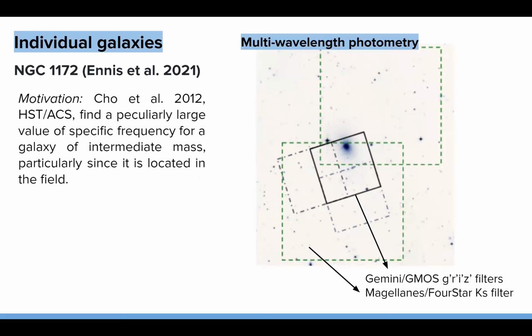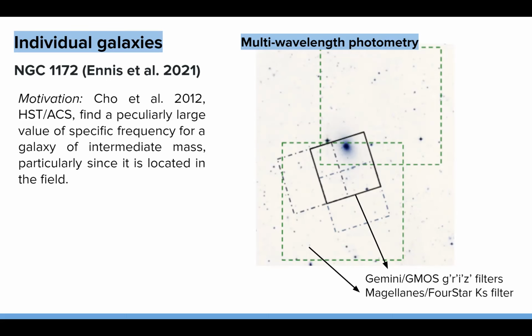And the motivation behind studying this galaxy was that there's a previous work by Cho and collaborators from 2012, where they look at a sample of galaxies. They're basically looking at isolated early type galaxies, and they are characterizing their globular cluster systems. And among them, they look at this one and they say that this galaxy seems to have two peculiarities in its globular cluster system.